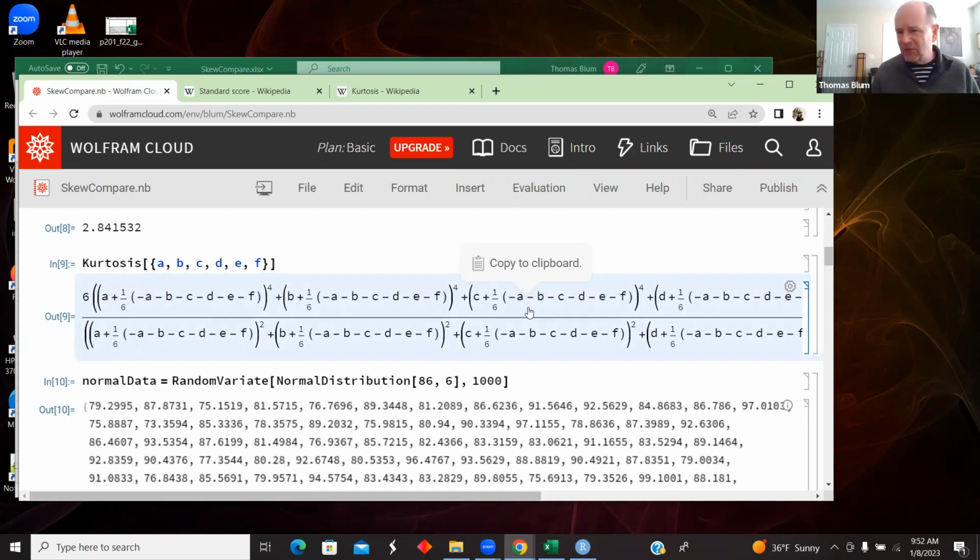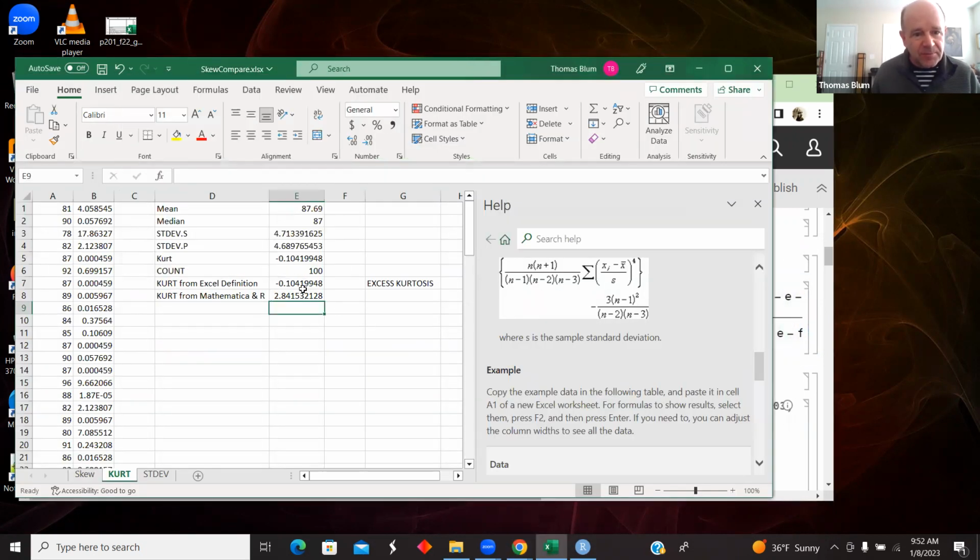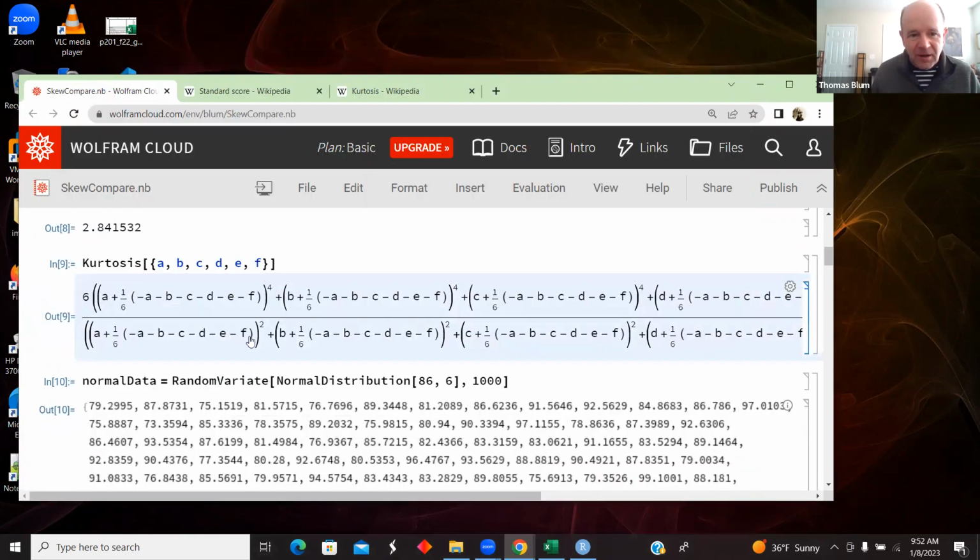So that's the n minus 1 squared that we saw in this definition. Once you turn their denominator in this Mathematica expression into the standard deviation of the z-score, that pops out the n minus 1s.